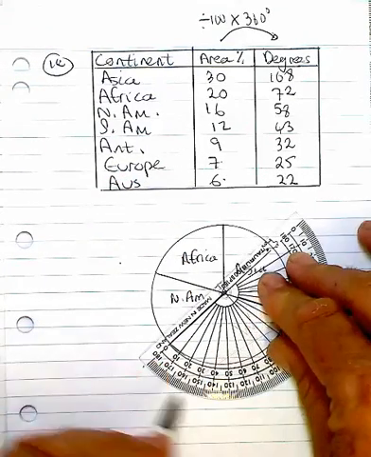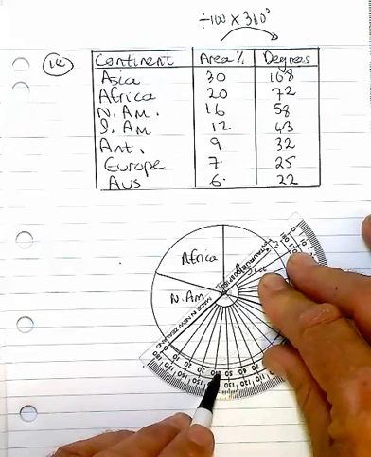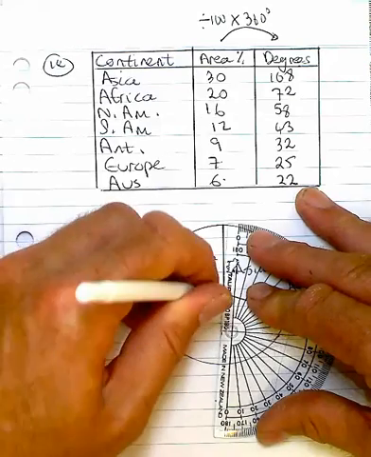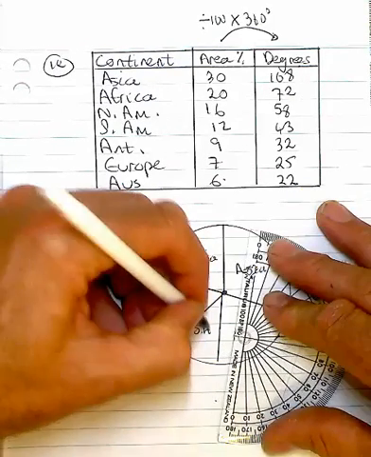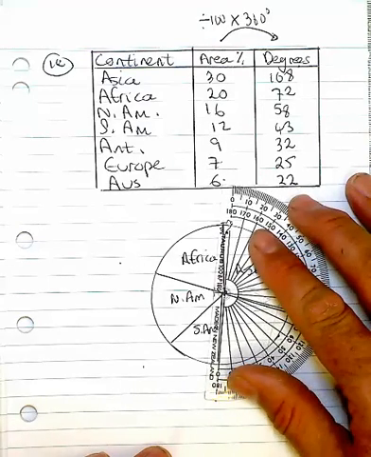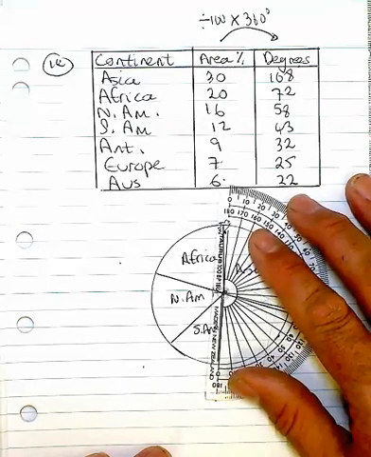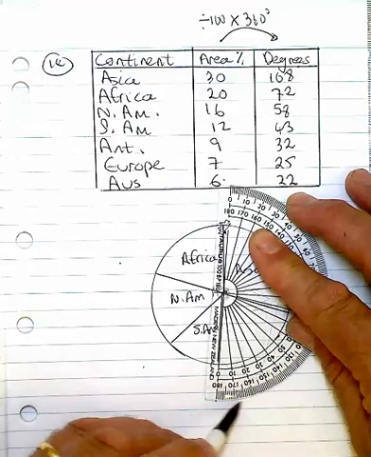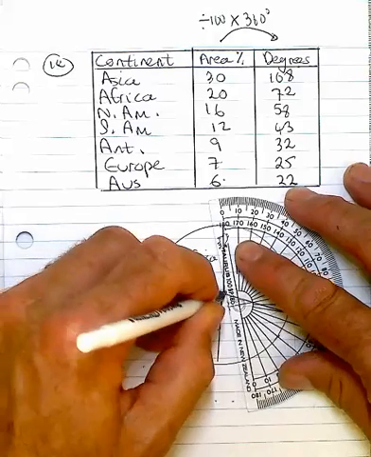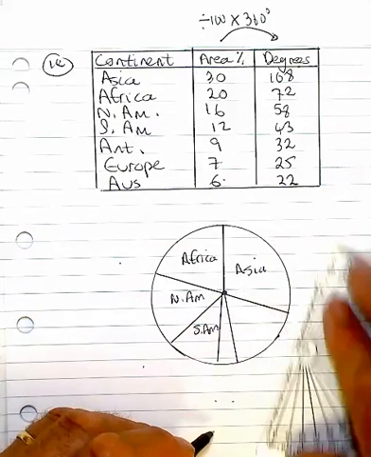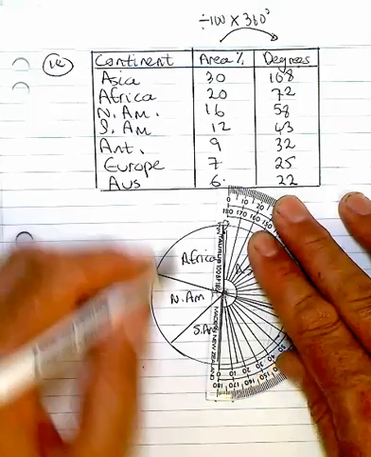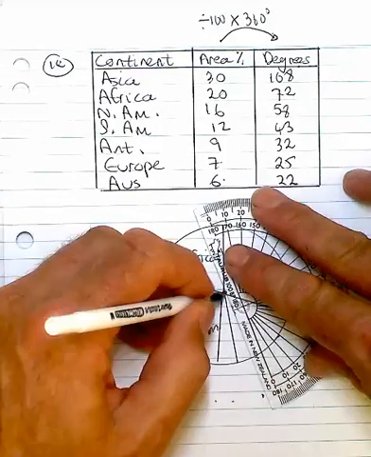So you can see I'm continuing around the circle, using the inner circle here through to about 43 degrees. Say 25 degrees.